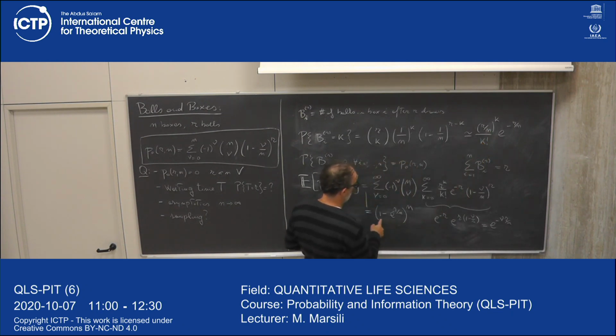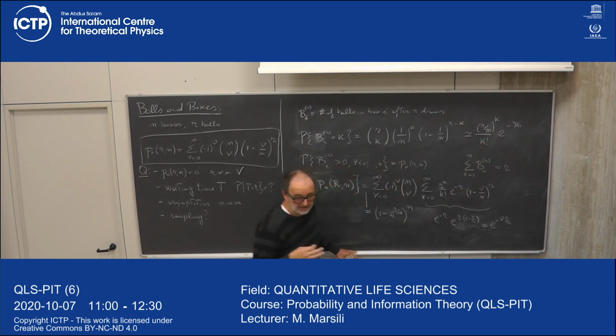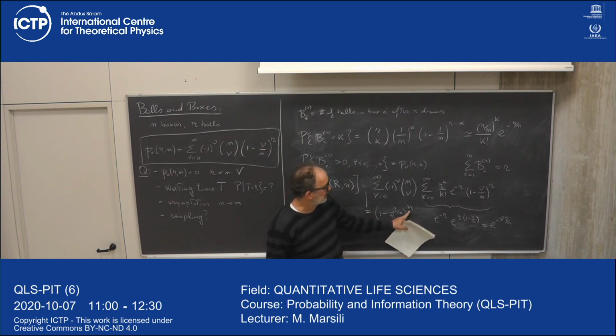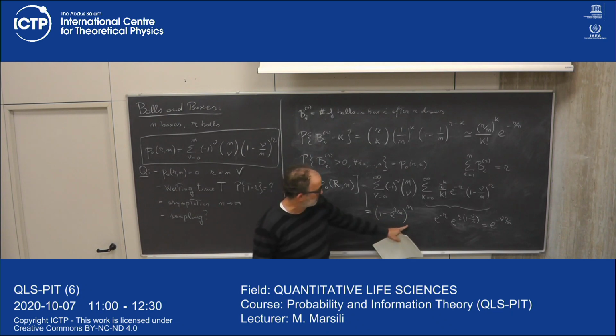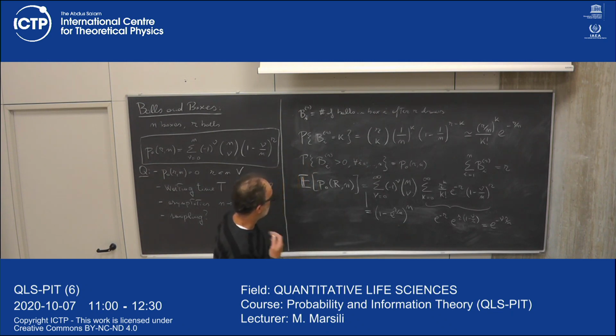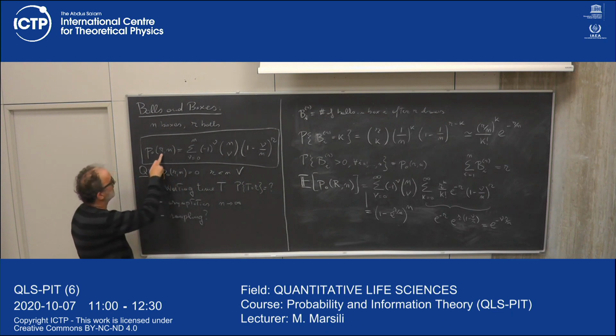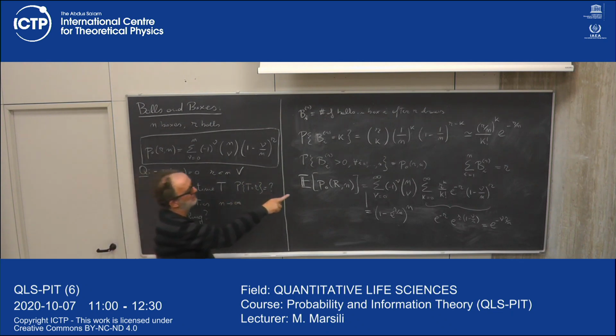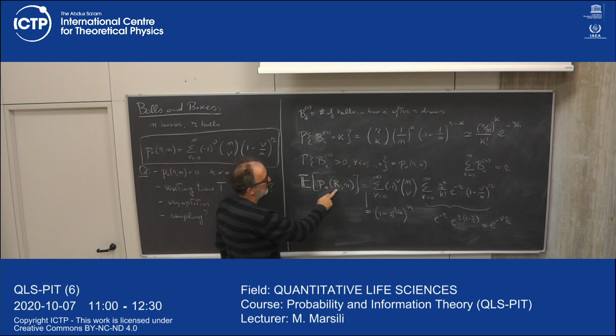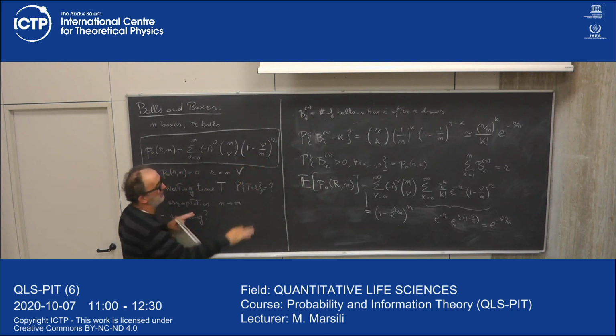So 1 minus this probability is the probability that box i is not empty. And because these are all independent, I just have to raise it to the power n to get the probability that all boxes are not empty, that they are filled by some particle. So when I replace R by a Poisson random variable, the problem simplifies considerably.